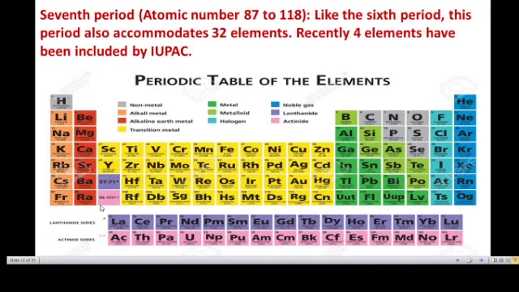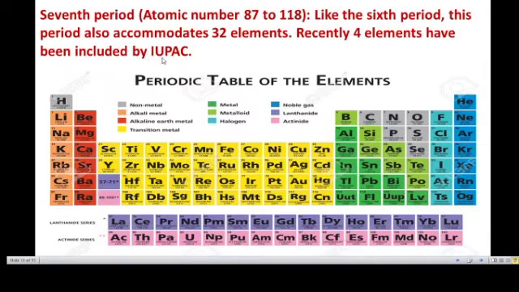Then 7th period, atomic number 87 to 118. Like the 6th period, this period also accommodates 32 elements. Recently, 4 elements have been included by IUPAC.